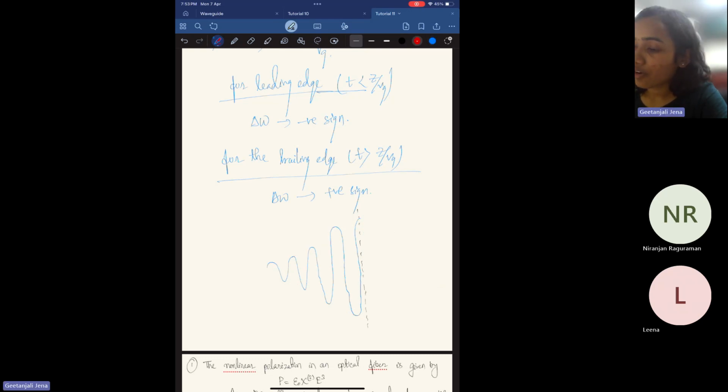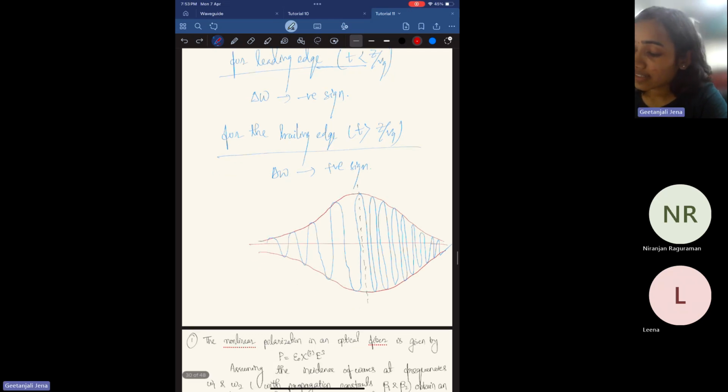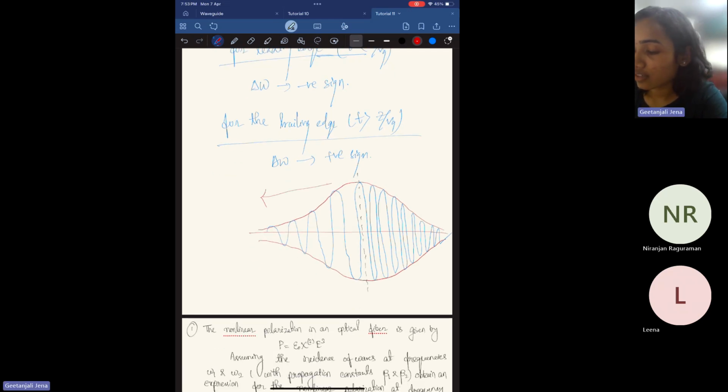So for this case, there is another term also. Where we are seeing a decrease in the frequency, that means the wavelength is increasing, so we'll see a red shift here. And for this region, there is an increase in the frequency, so the wavelength will now decrease, so there will be a blue shift.